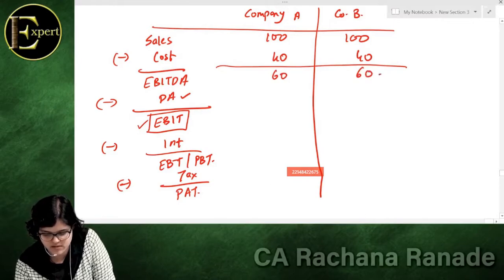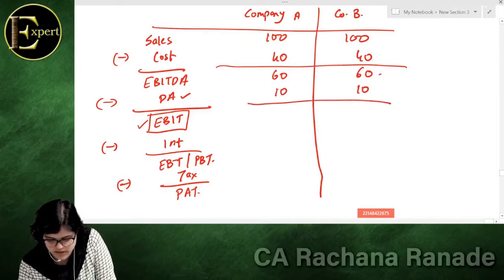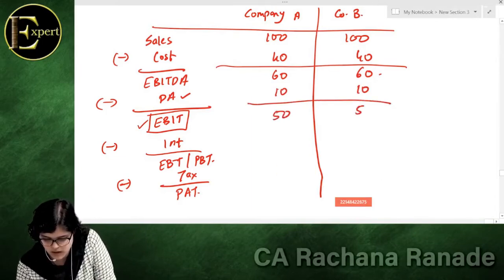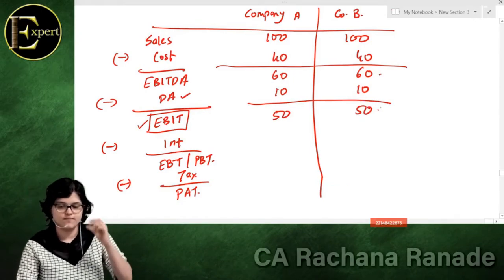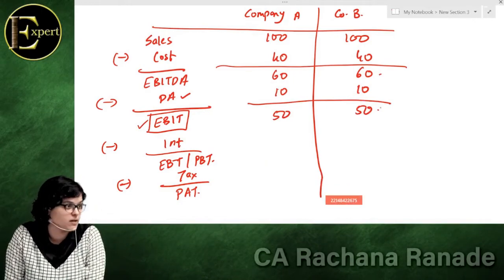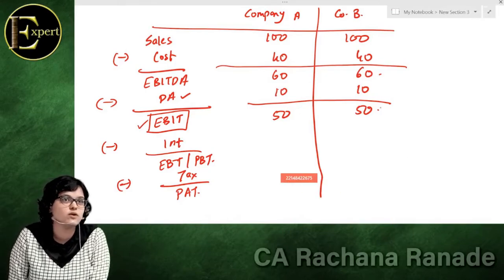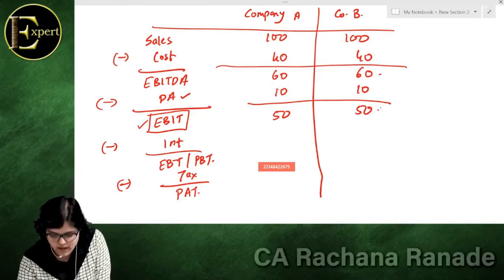Assume that depreciation and amortization for both is 10. These are random figures again. What is my earning before interest and tax? 50. Now company A is a debt-free company, so interest will be 0.